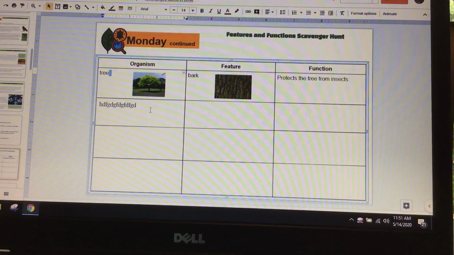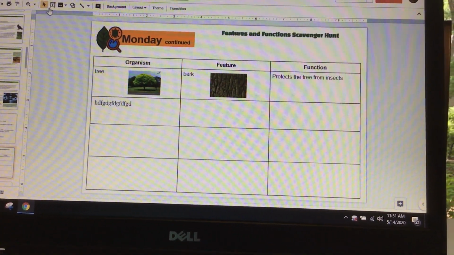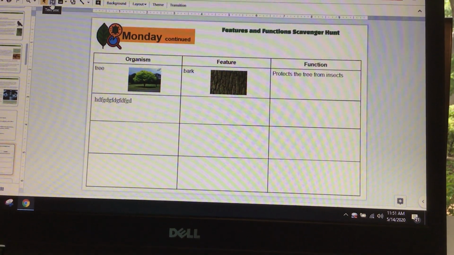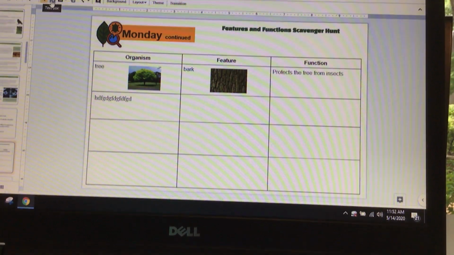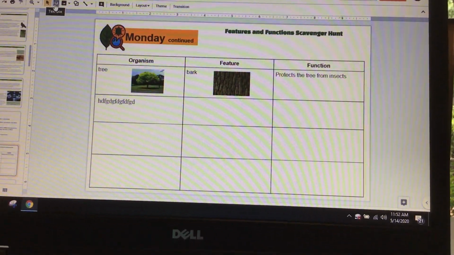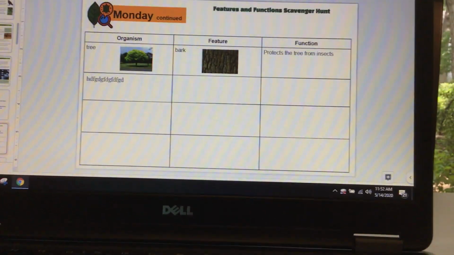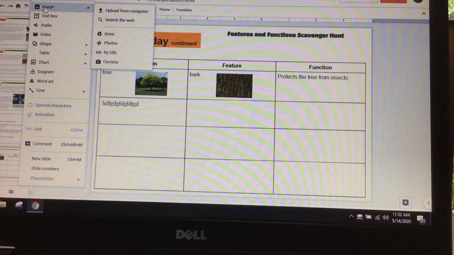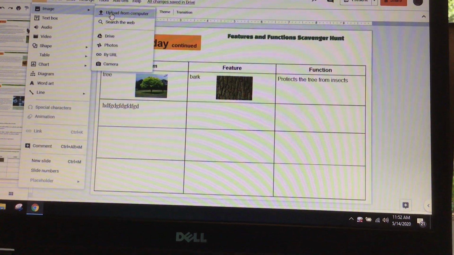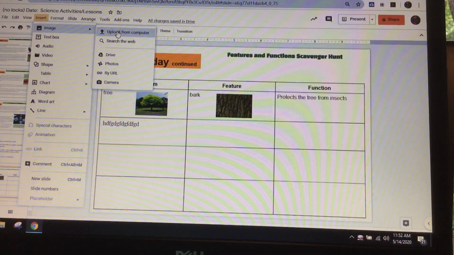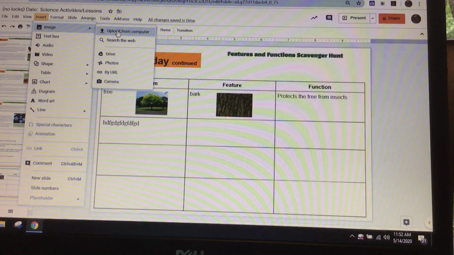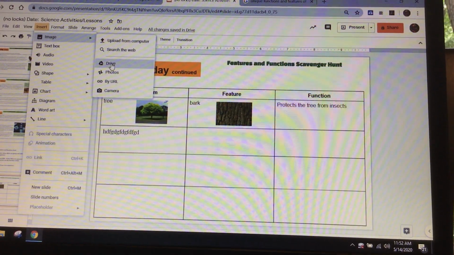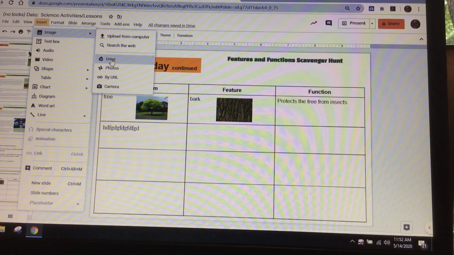Mine was a roly-poly, so I could either have taken a picture of the roly-poly and emailed it to myself, or put it on my desktop of this particular computer, and I could put that in there. So if you're going to insert an image, you can upload it from your computer. If you took it on your phone and then emailed it to yourself, or somehow got it onto your desktop, you can upload it to your computer. You could have also uploaded it to your drive as well, okay?